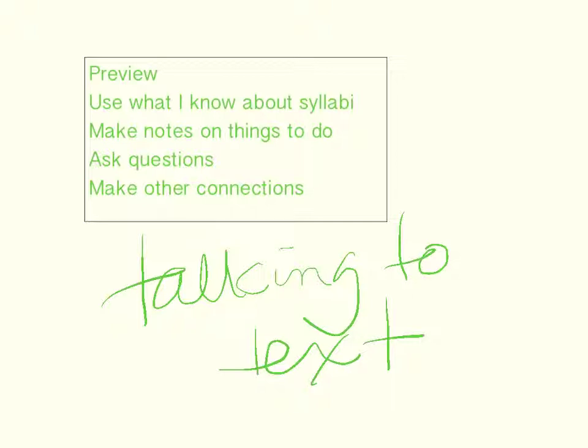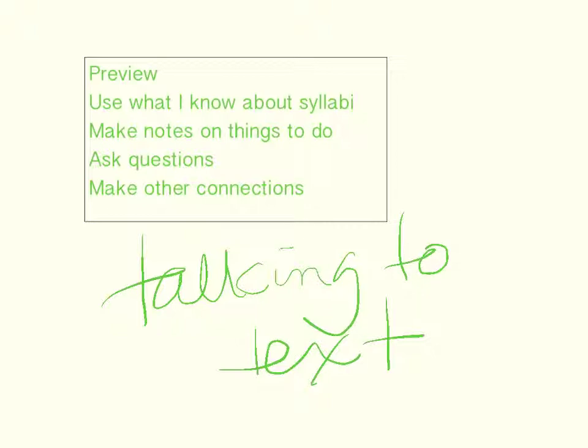On the syllabus itself, I'm going to make notes on things I need to do. So there might be calendar dates or information I need to get or materials I need to purchase. So I'm going to make notes about things to do. I'm also going to ask questions because I always have questions about this, and the only way I'm going to get those answered is if I ask them.